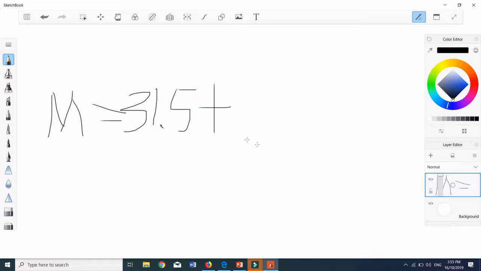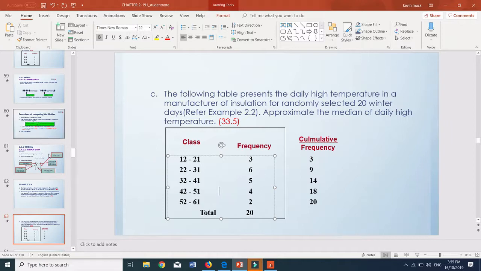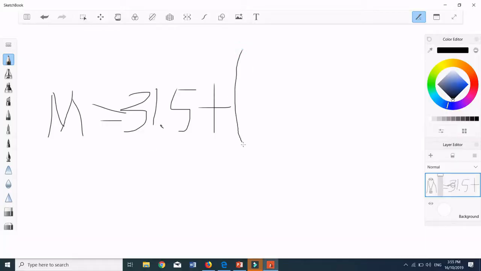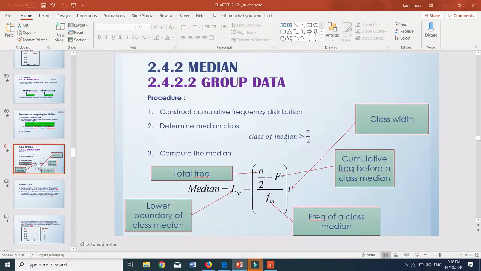You add the second part, which is the total frequency divided by 2. So it's 20, you divide by 2. All right, sorry, it's minus. You subtract the cumulative frequency before the median class.